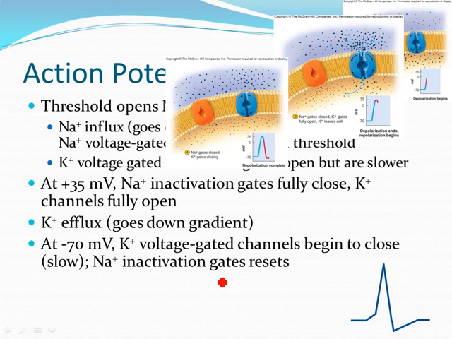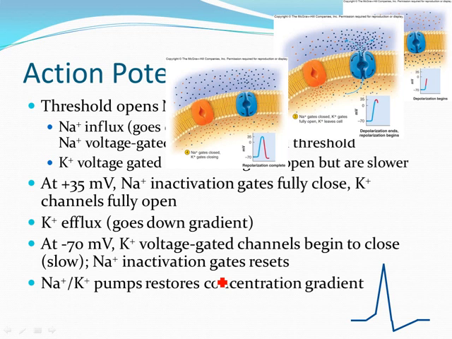But normally speaking, we want to have more sodium on the outside and more potassium on the inside, right? More potassium inside and more sodium on the outside. So how do we reset this? We reset this by having the sodium-potassium pump.